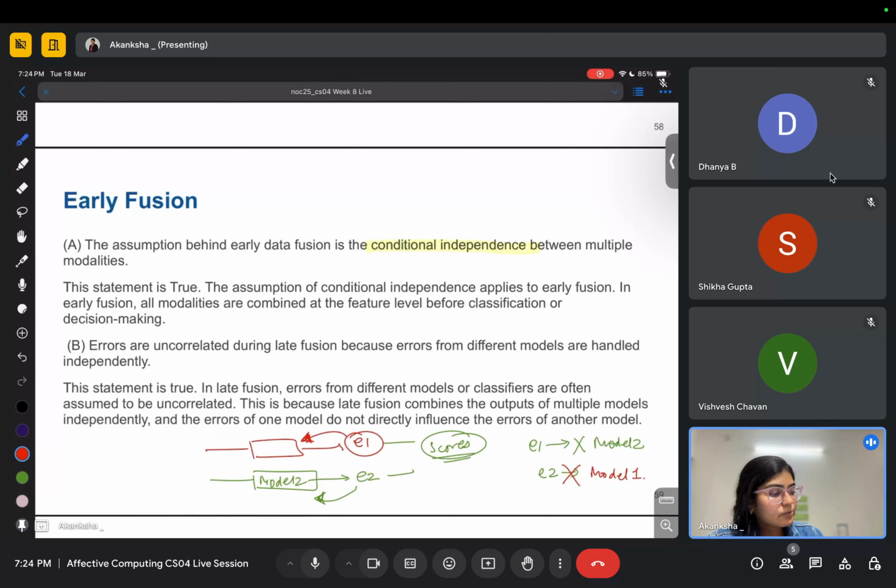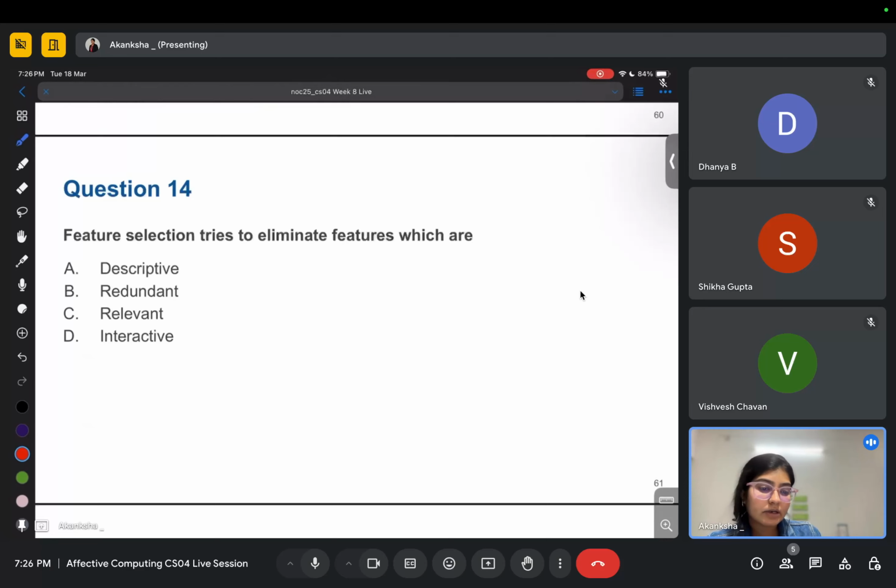Next question is, feature selection tries to eliminate features which are descriptive, redundant, relevant, or interactive. Feature selection means that we have, let's say, 100 features, and out of those we want to select some important ones. Feature selection algorithms tell us which features are more responsible for the output.